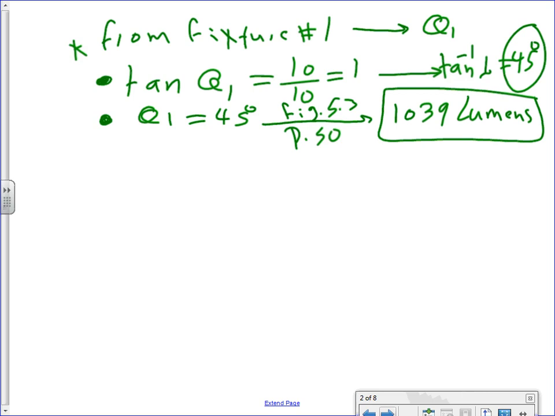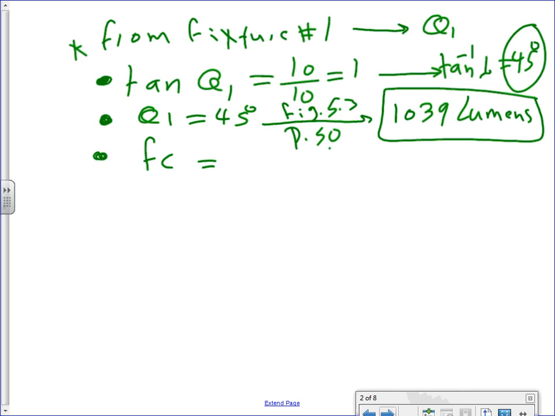The last step, my friends, is right here: foot candle equals. Now I'm going to plug in 1039 times, well, let's use the factor first.